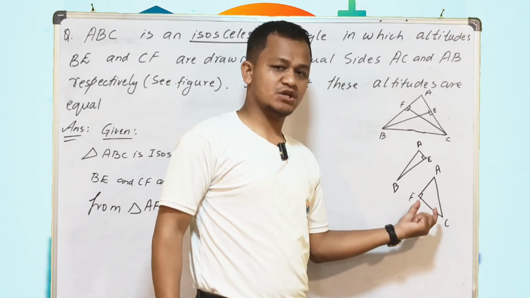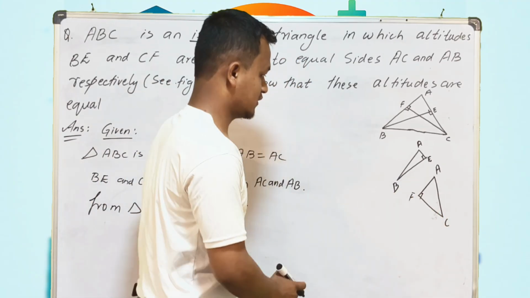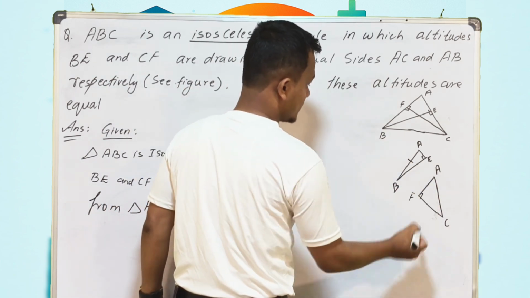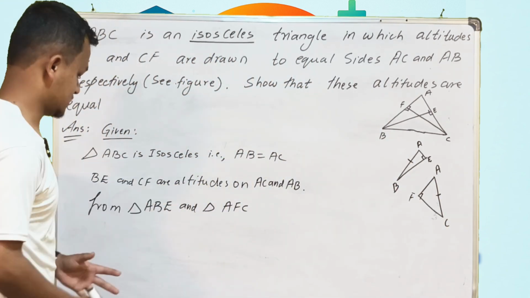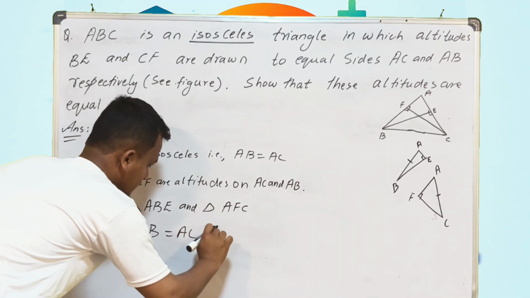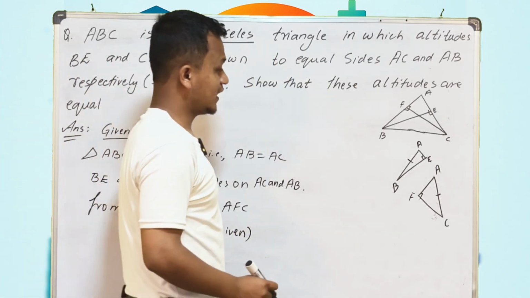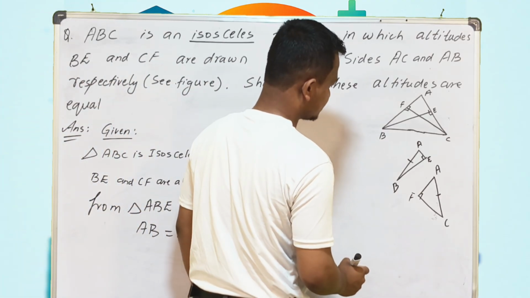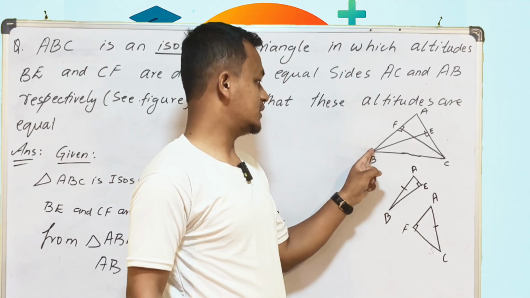From these two triangles, check whether there are any sides or angles which are equal. First of all, we have AB is equal to AC, since it is already given in the question. We can write here, the reason is from the given part. Next, look at this angle, BAE.